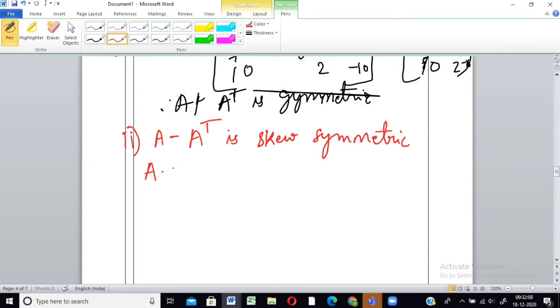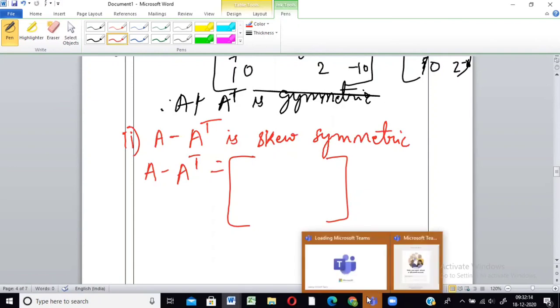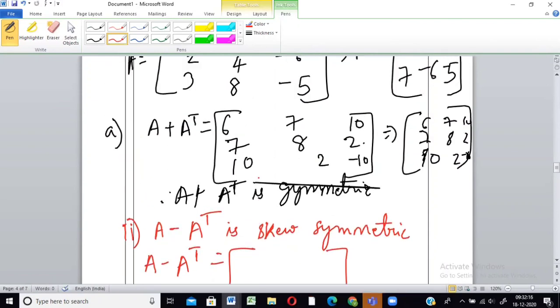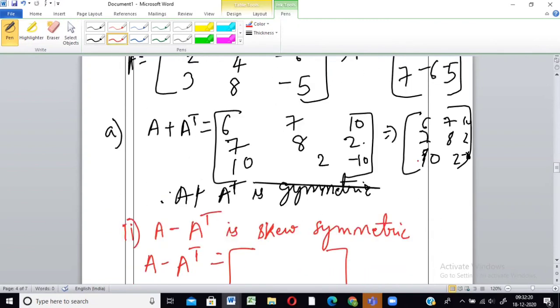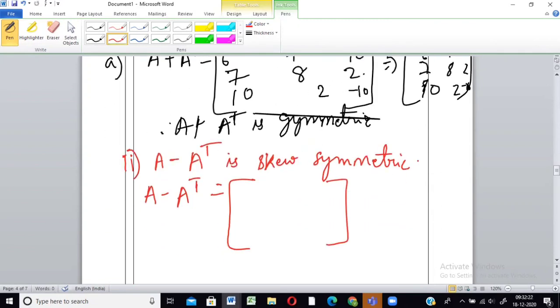So this is A minus A transpose. We already have the value of A transpose with us. This is A transpose. We're just going to subtract. It's element wise subtraction only. This is what we get after subtracting: minus 3, 0, minus 14, minus 4, 14, and 0.